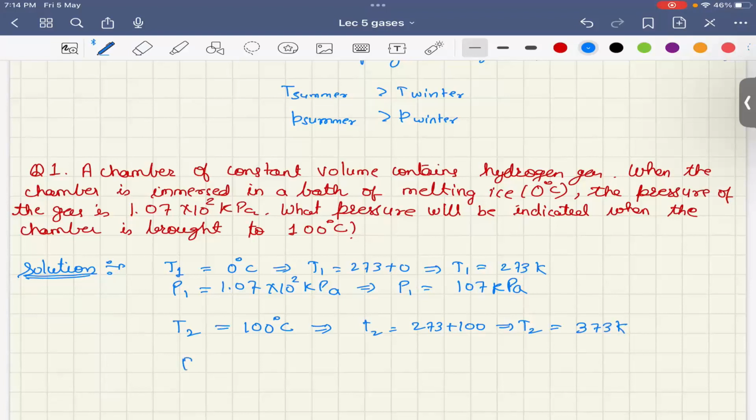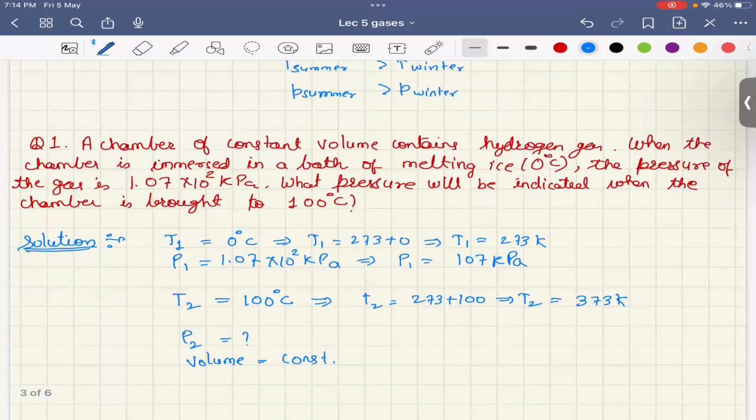And what we are asked to find is P2, and we are also given that volume is constant. Right? Hence, we can use the Gay-Lussac law.